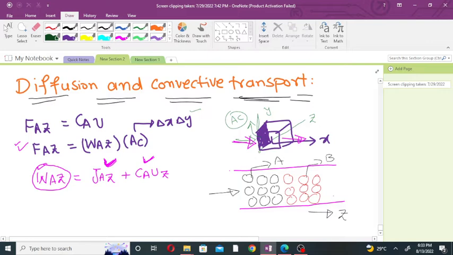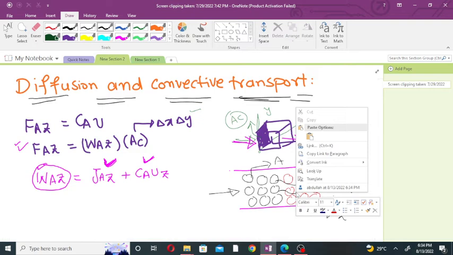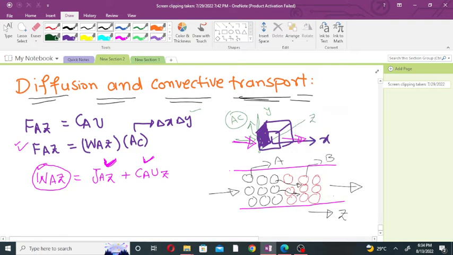So A will diffuse in the molecules of component B. The molecules of component A will diffuse in the molecules of component B. This is the diffusional flux J_Az, and this can be determined from Fick's law of molecular diffusion.